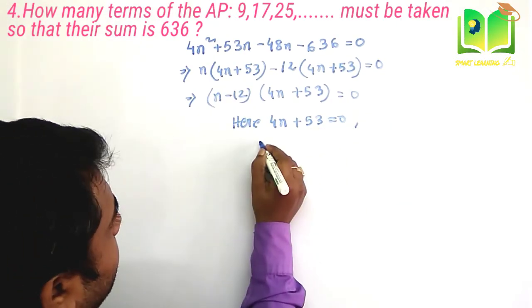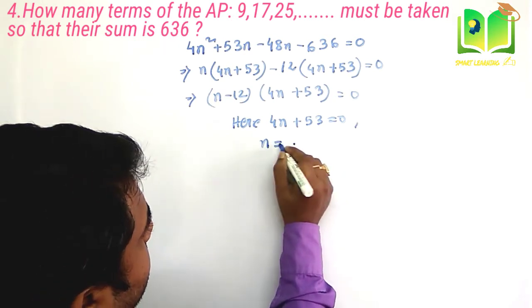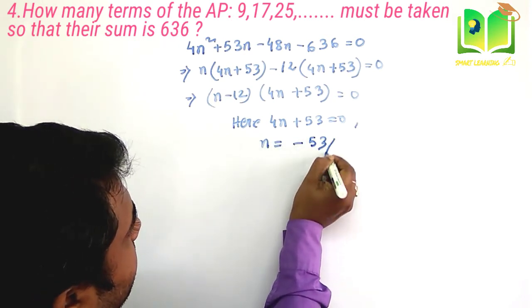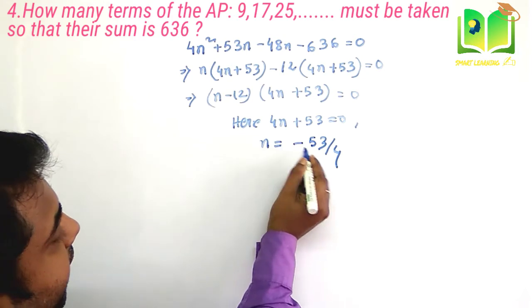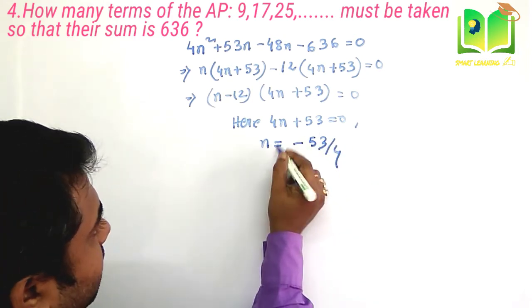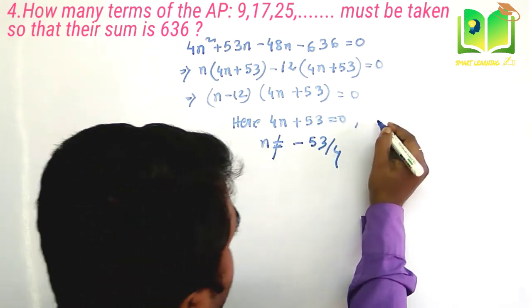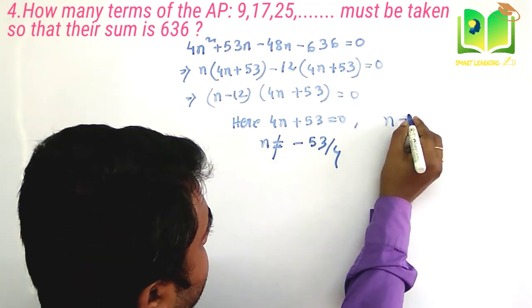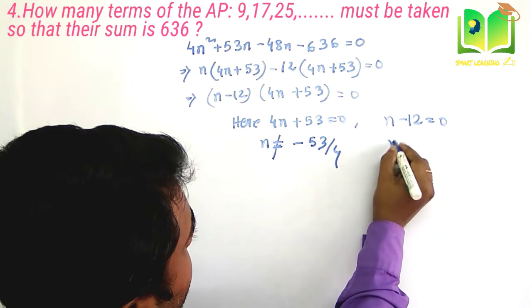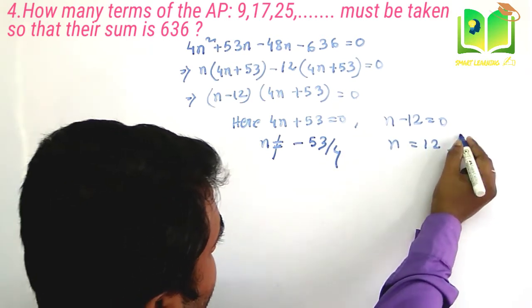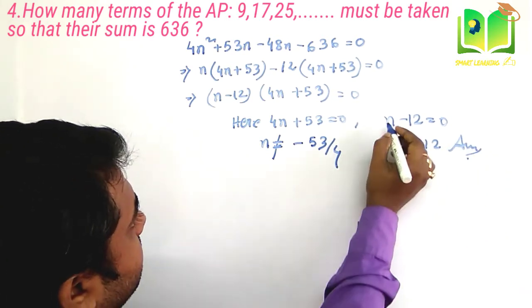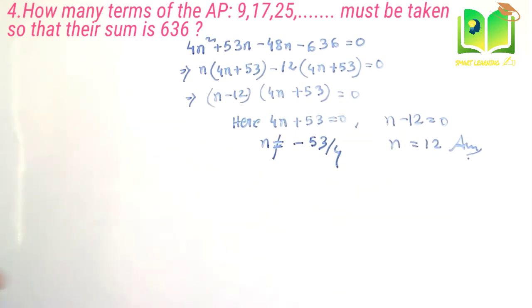It means n equals minus 53 by 4, but n cannot be this type of fraction or rational number, so n is not equal to minus 53 by 4. Therefore n minus 12 equals 0, so n equals 12. So this is your answer. So you can take n equals 12 because 12 is a whole number.